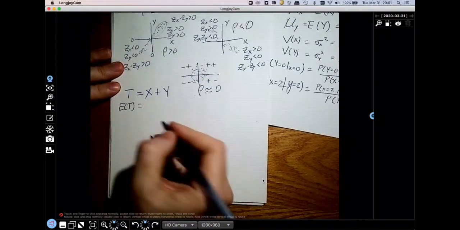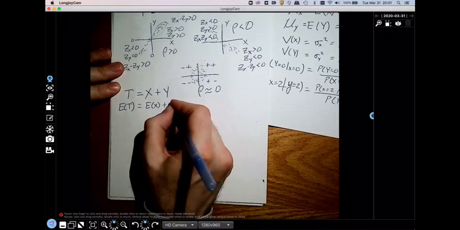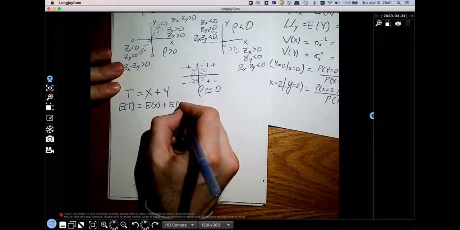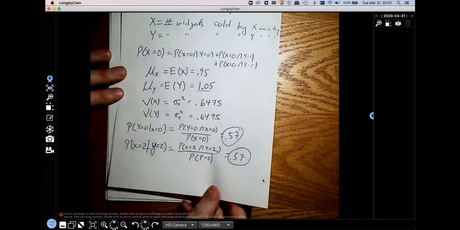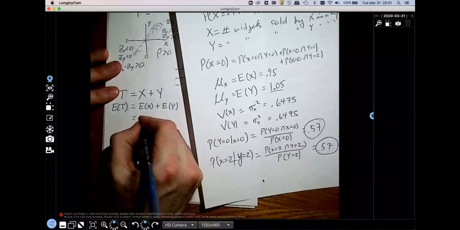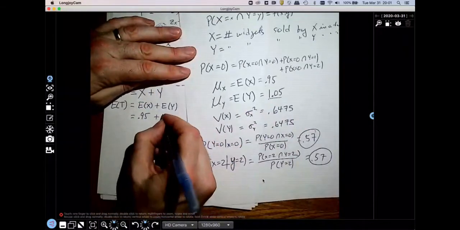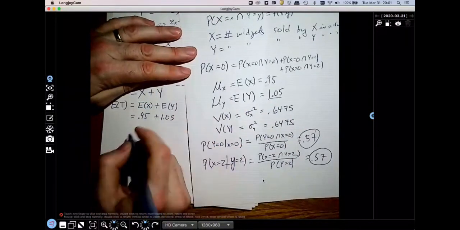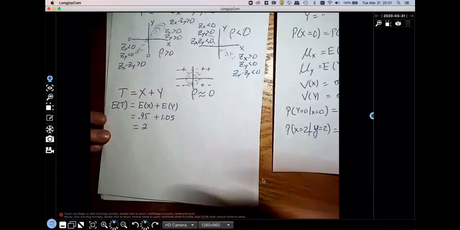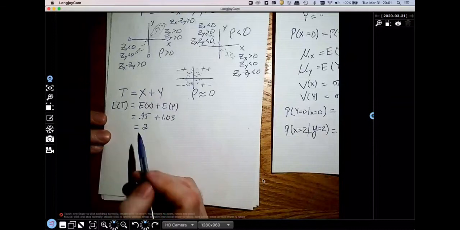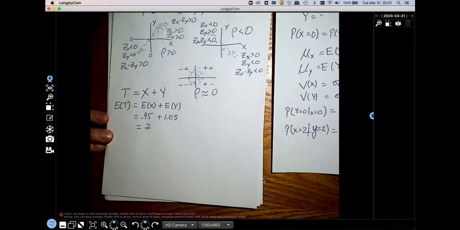Well, the expectation of T is just going to be the expectation of x plus the expectation of y. So if we go back and look at our notes, the expectation of x is 0.95, and the expectation of y is 1.05, and I can do that in my head. Every day, I expect to sell 2 units between my 2 salespeople if I'm the manager.